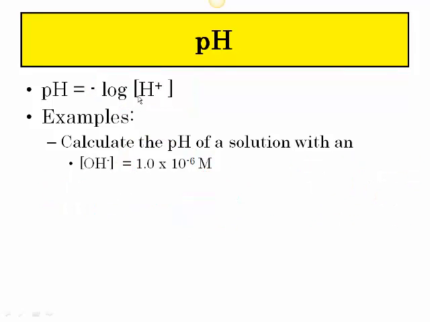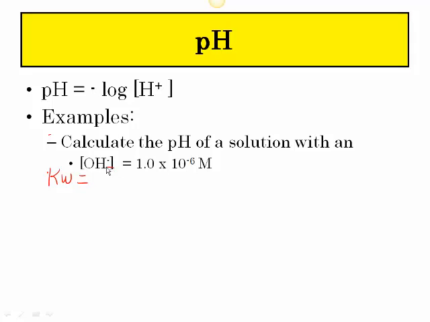Here's another one. Now this one's a little different though, because notice that they are asking for the pH, but they give us the OH concentration. So this one we have to do a little bit more work for. They give us the OH, so we actually have to use our equation that we had before, where Kw equals H plus times OH.